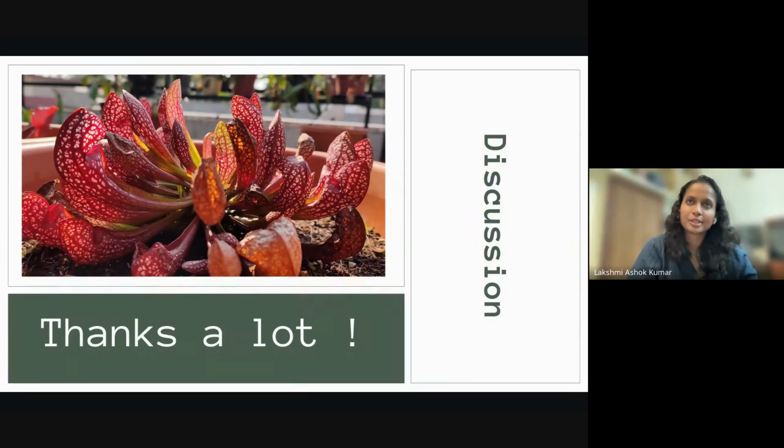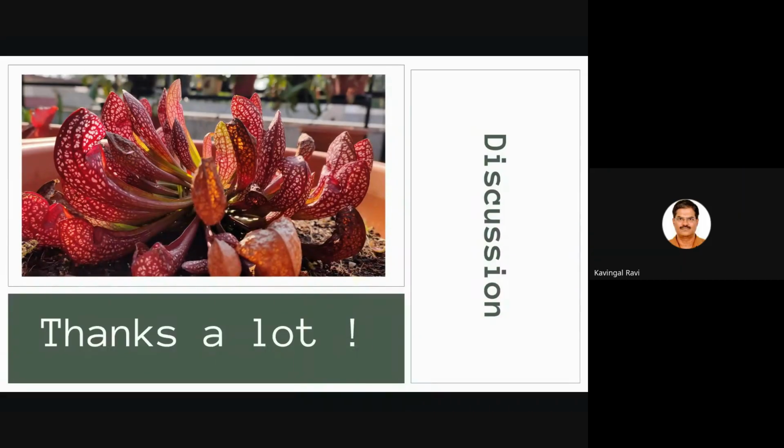What I have read from different research papers is that Nepenthaceae and Droseraceae are the two families which evolved long back, the oldest families that developed, but they both have different mechanisms.